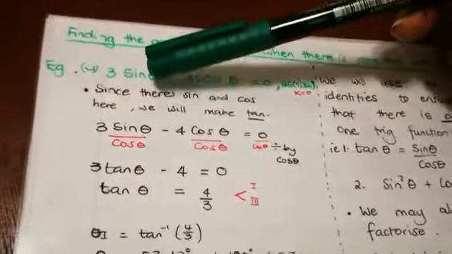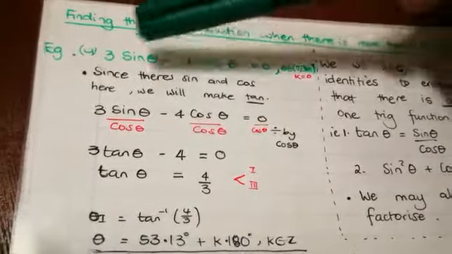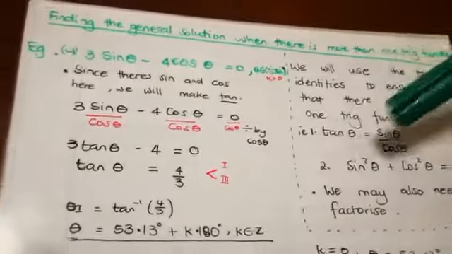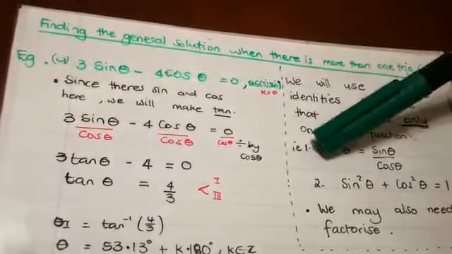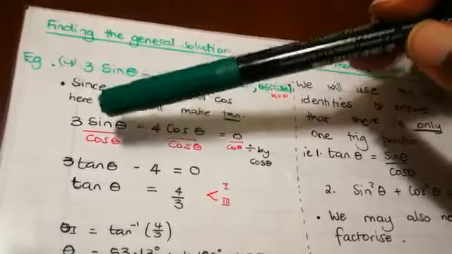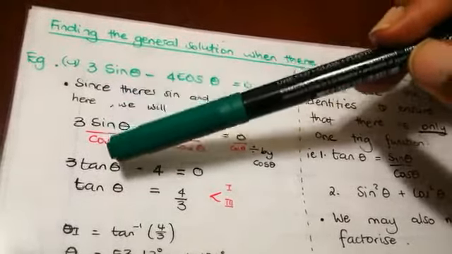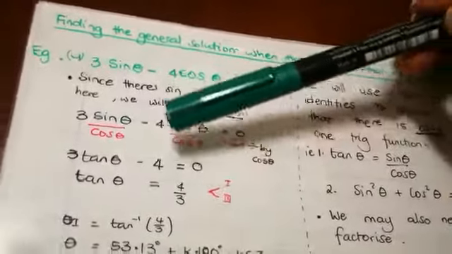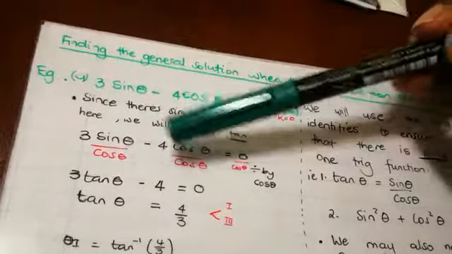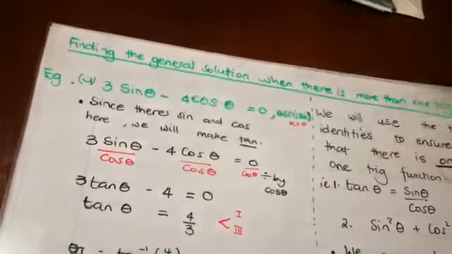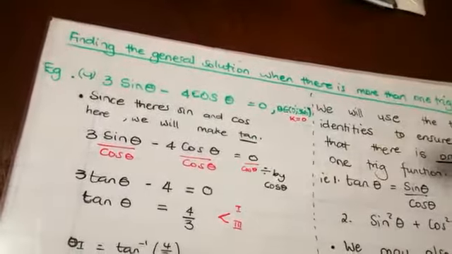So if you look here, we've got sine and cos. Like I've written here, since we've got sine and cos, those are the two things that make tan. So we can divide by cos, because we know that sine over cos is equal to tan. We can't divide by sine. So we divide by cos, so that we have sine over cos, and then cos over cos is 1 and 0 over cos is 0.